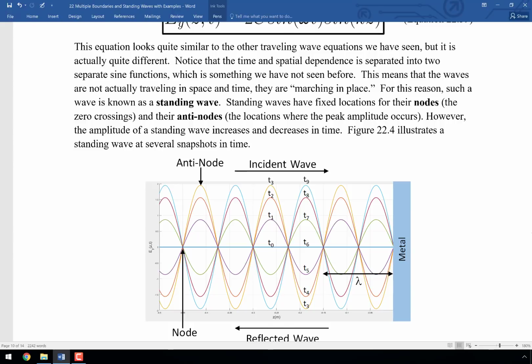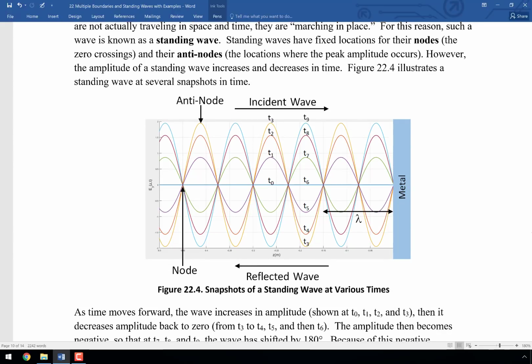And I've tried to represent this. The best way to understand a standing wave is to see an animation of it, but I've tried to represent this in a figure here. We're going to say that at t0, it's going to be flat, and then it's going to grow at t1. Notice that at t1, we actually have a single sine wave here, and I'm trying to follow the purple path here, and so that's what it looks like at t1.